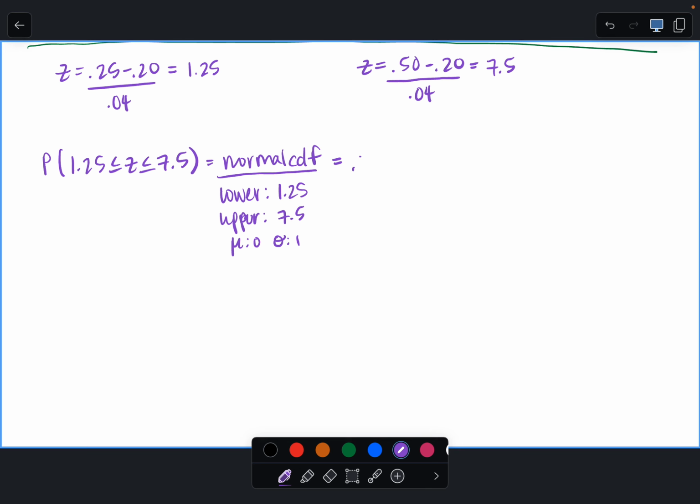And so this ends up being 0.1056. And that is step 3.